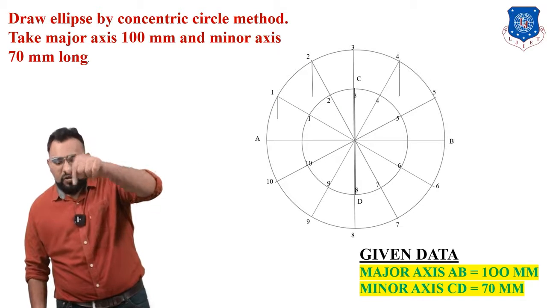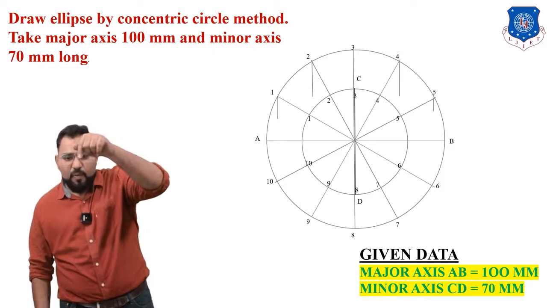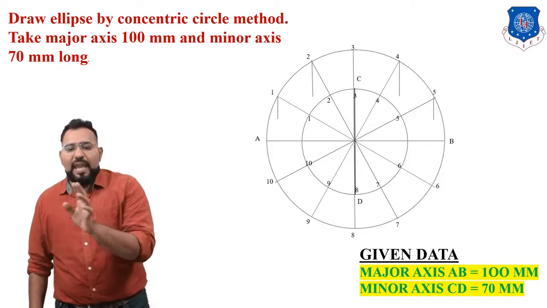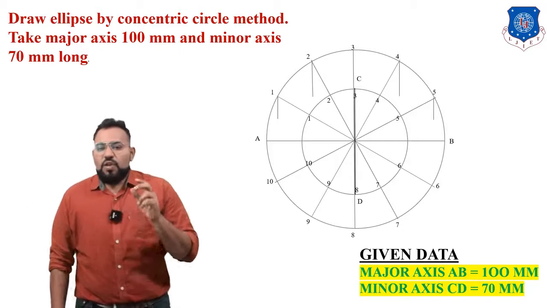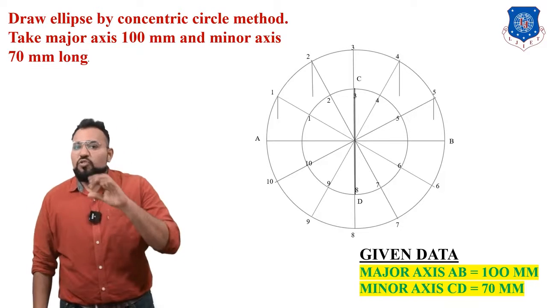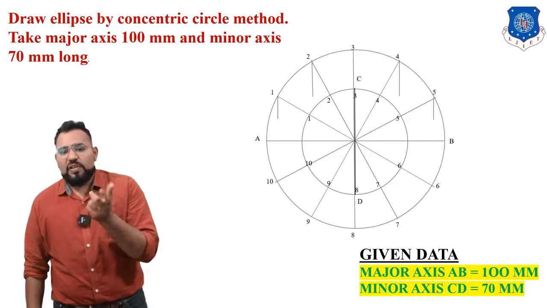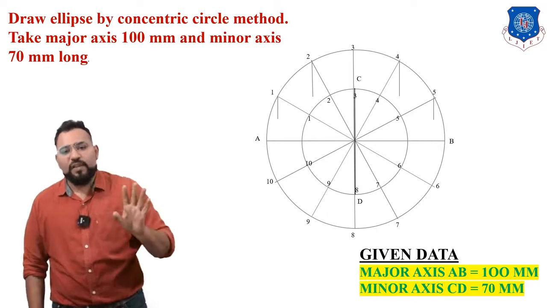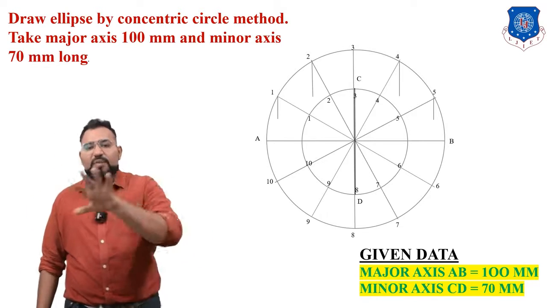From point 4 I will draw a vertical line downward. From point 5, now no need to draw from points A and B. Why? Because you know that an ellipse always passes through the major axis and minor axis. So your points A, B, C and D, these 4 points are always fixed. So no need to do anything from those points.